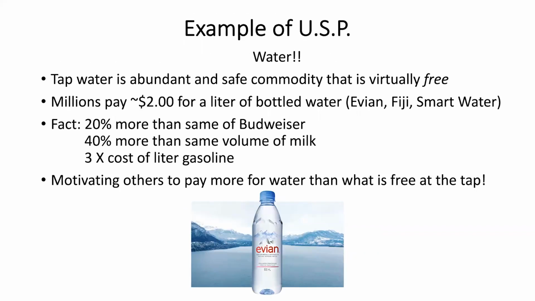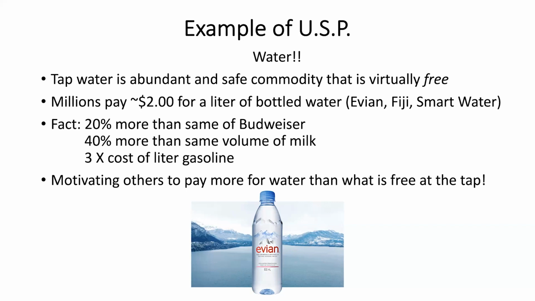An example of a unique selling proposition is the commodity water. Tap water is abundant and it's virtually free from the tap. Yet millions of people will spend $2 a bottle for a liter of bottled water. The facts are that the cost that they are paying for that liter of bottled water is 20% more than a bottle of beer, 40% more than the same volume of milk, and 3 times more costly than a liter of gasoline.